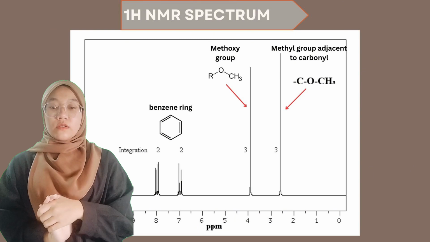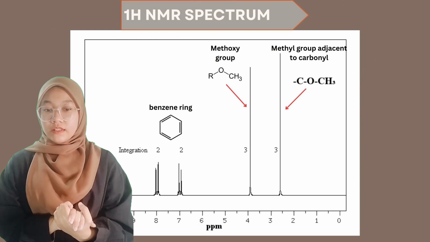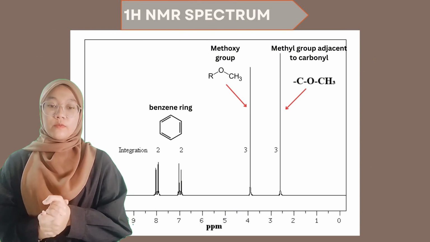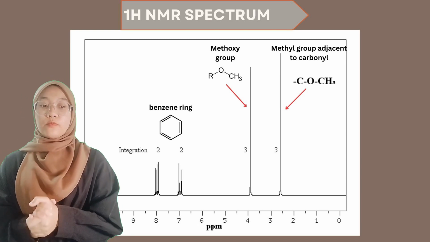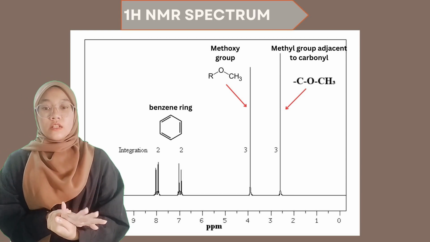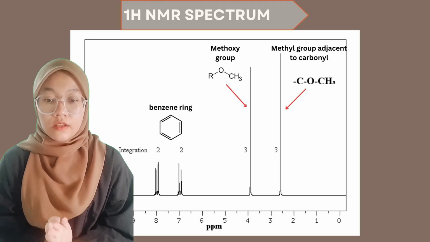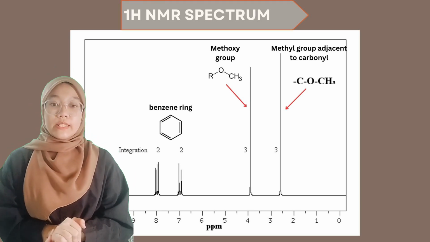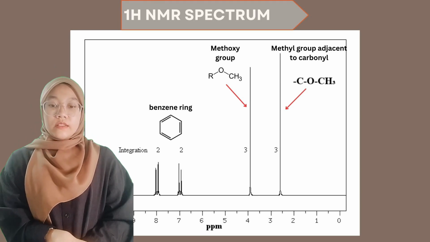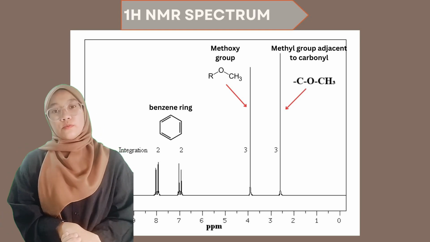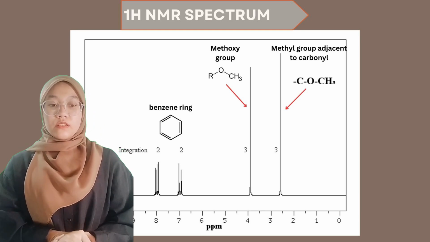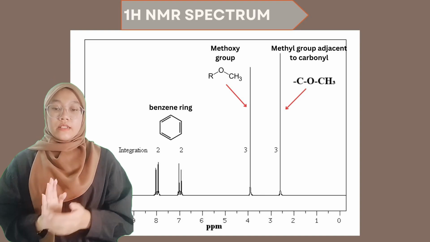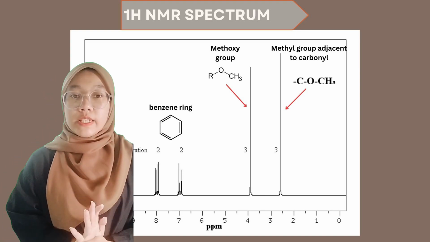Second, the methoxy group appears as a singlet around 3.8 ppm, signifying a single set of equivalent protons in the methoxy group. The last is the methyl group adjacent to the carbonyl, which appears as a singlet around 2.5 ppm, indicating the methyl protons are near the electron-withdrawing carbonyl group.